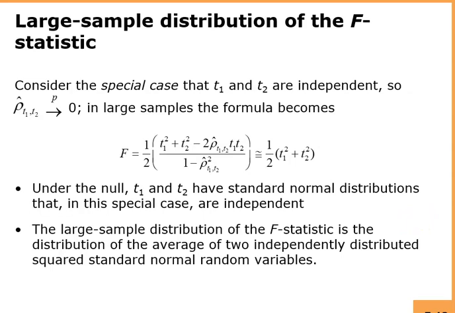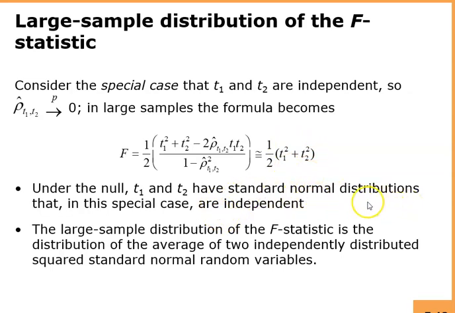So consider the special case that T1 and T2 are independent, and in large samples the correlation between T1 and T2 will approach 0. In that kind of a scenario, when the correlation is equal to 0, your numerator will simplify and your denominator will also simplify to just 1, and your total F-stat formula will simply become half multiplied by T1 square plus T2 square. If that is the case, under the null, T1 and T2 have standard normal distributions.